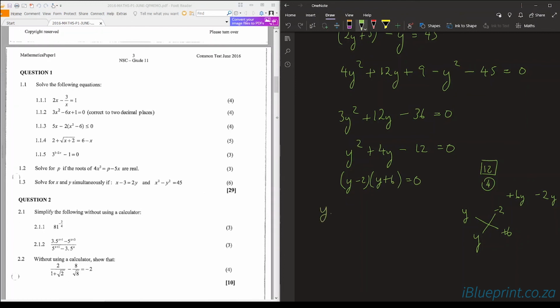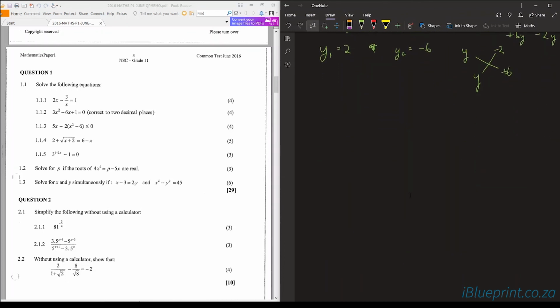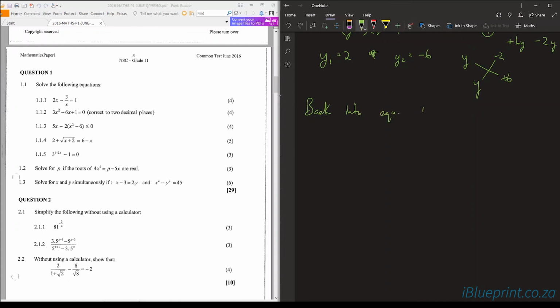So we can say y1 is equal to 2 and y2 is equal to minus 6. Right. So let's just get the solution visible there. Back into equation 1. So equation 1 was x is equal to 2y plus 3.